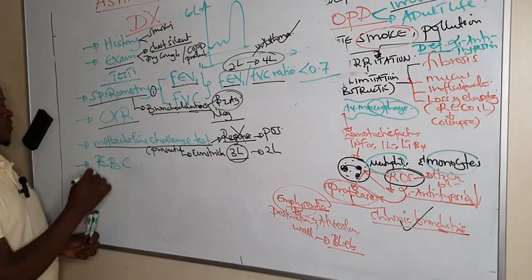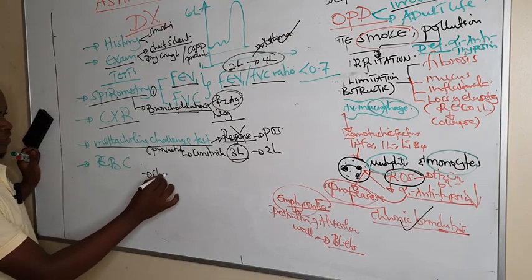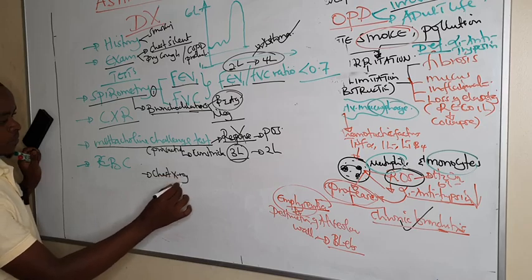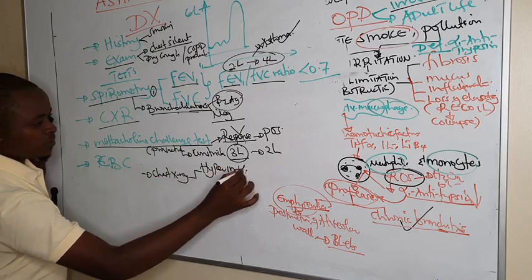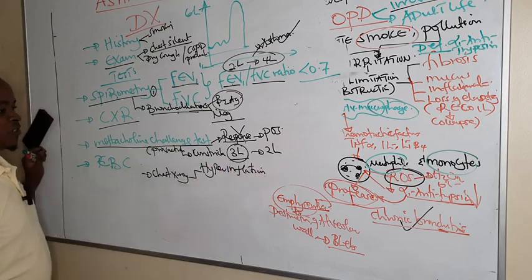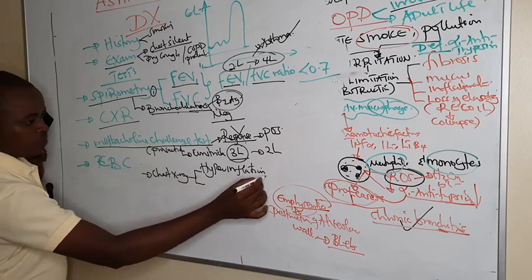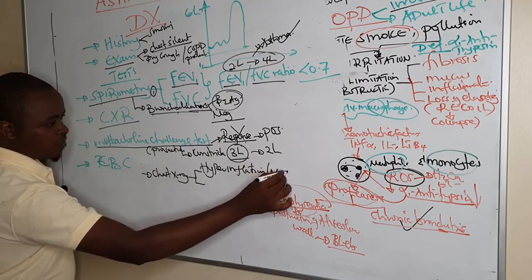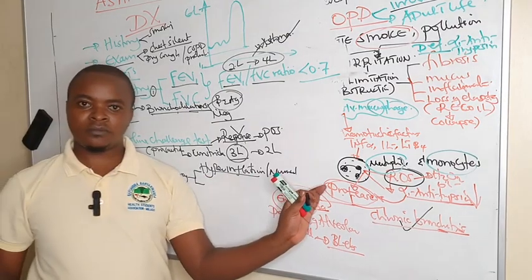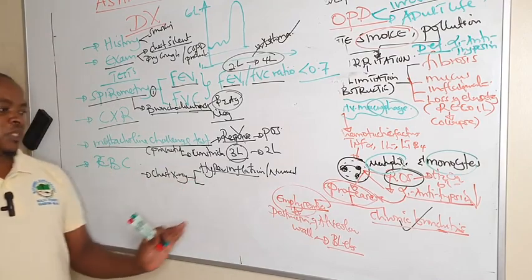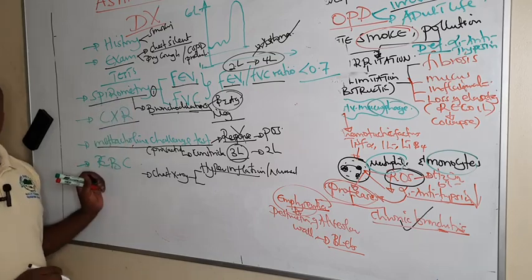Then with the chest x-ray, if I do a chest x-ray and I see hyperinflation, with asthma we can see a hyperinflated lung or a normal lung. That is judged based on the clinical exam, the methacholine challenge test and spirometry together.